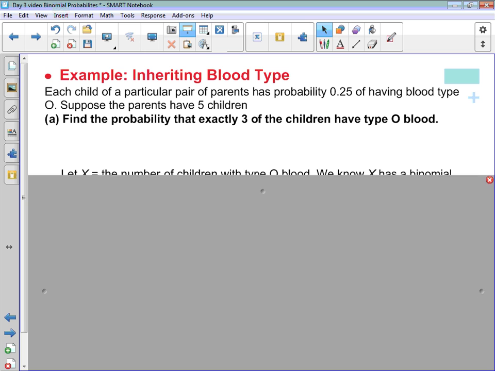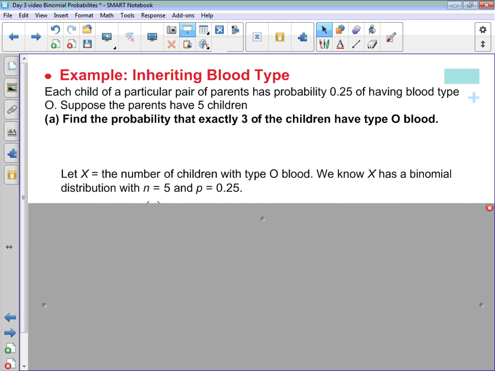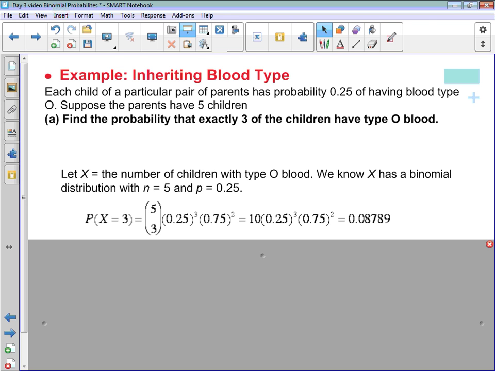So you let X be the number of children with type O blood. And so it's just this: a combination of 5 pick 3, is how you would say that, times 0.25 to the 3 and 0.75 to the 2. And if you do that all the way out, you get 0.087.